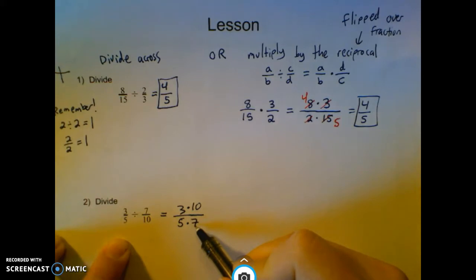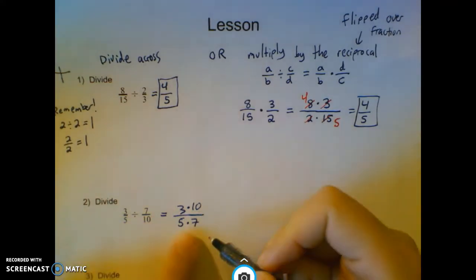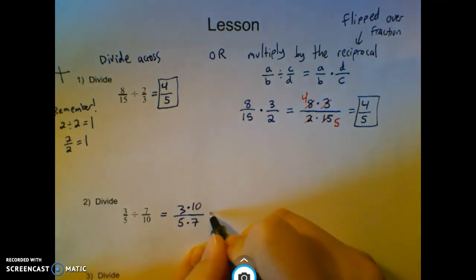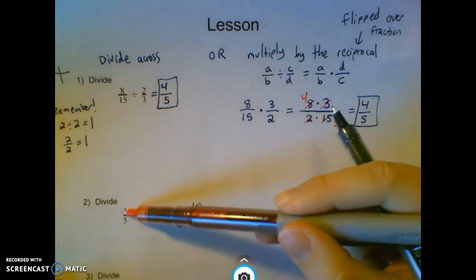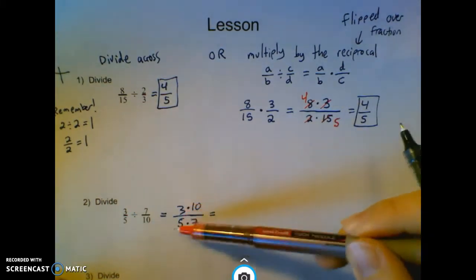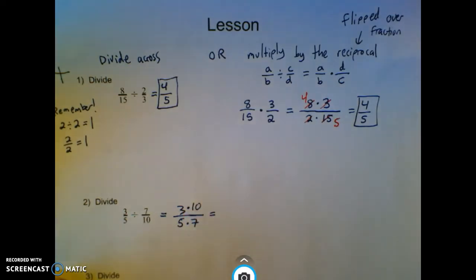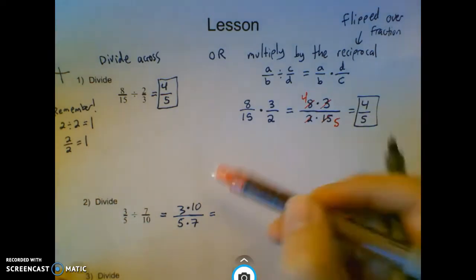Here's my 3 divided by 7. Here's my 5 divided by 10. Now, once it's like this, it's really flexible in terms of reducing. I don't have to be stuck by saying, okay, I can only divide 3 by 7. I can look at any of these 4 numbers, and if one of them can be divided by another one of them, great, we're good to go.